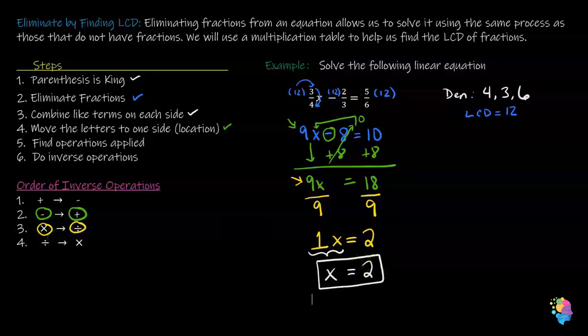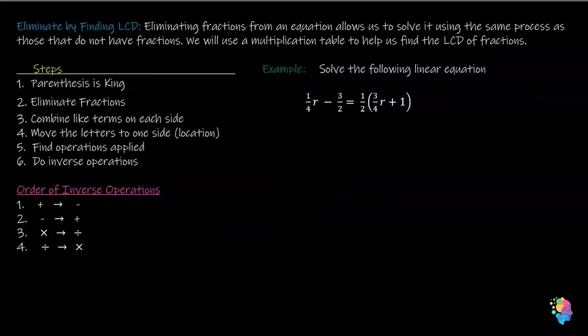Let's try another example here. We go through the steps again. We check for parentheses, and this time there is a parentheses. That means I'm going to have to distribute the number outside the parentheses times each of the values inside. So let's do it on the side. I'm going to multiply first 1/2 times that 3 over 4.